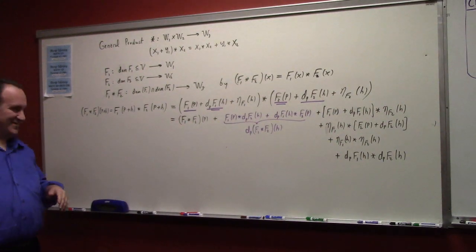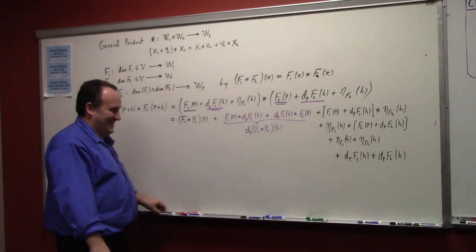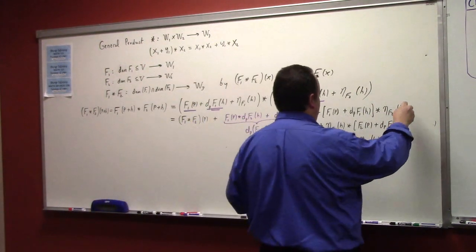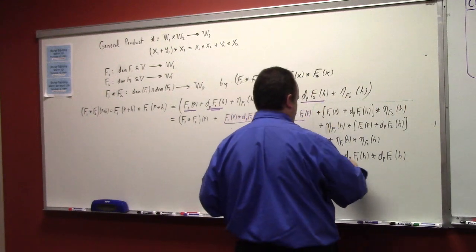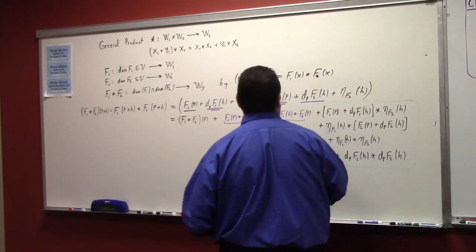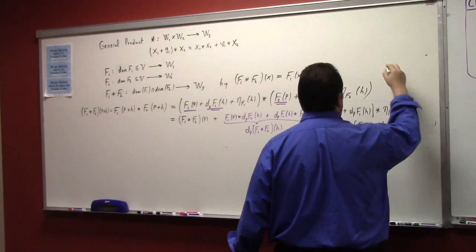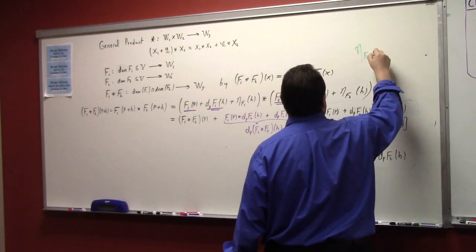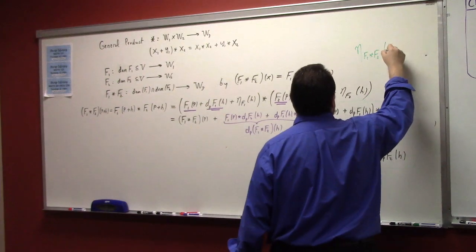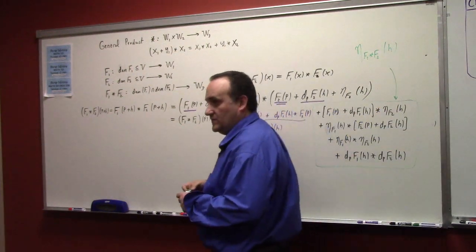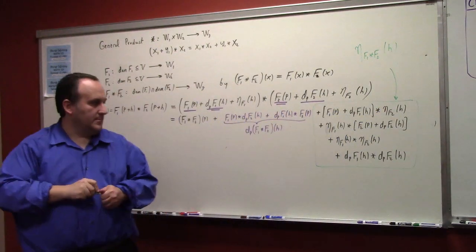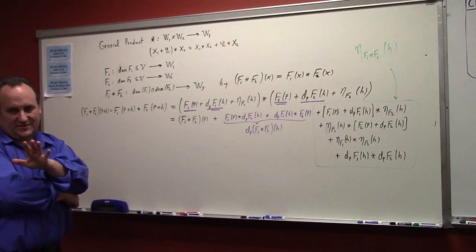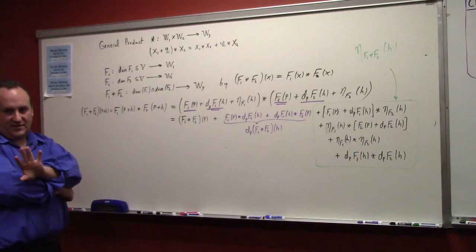Okay, so then all this right here, that is our eta of F1 star F2 of H, which we'd like to show goes to 0. But just going to 0 is not sufficient, right?